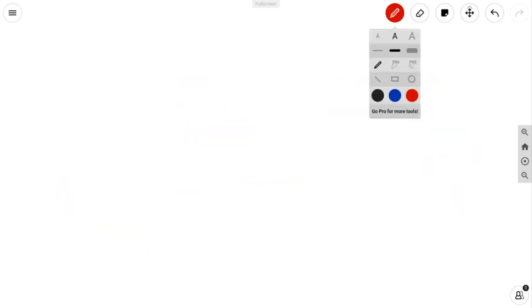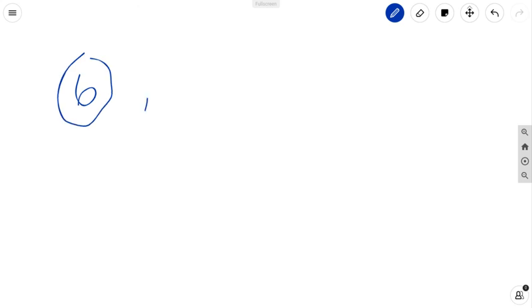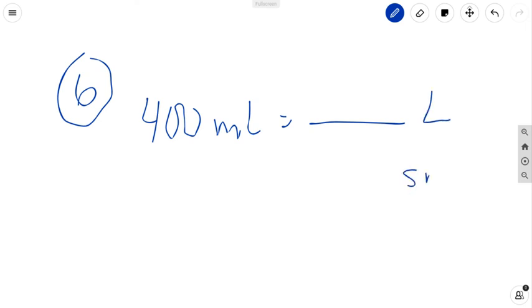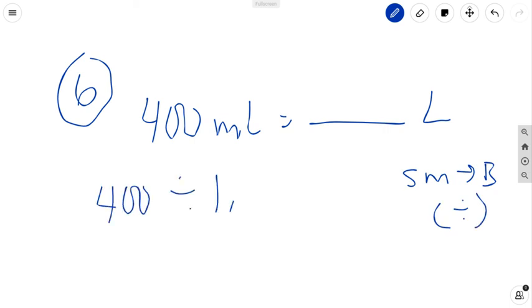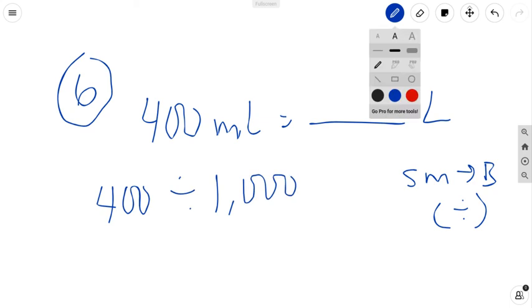All right, let's try one more. 400 milliliters equals how many liters? Going from small to big, which means we're going to divide. So we're going to divide 400 by 1,000. All right, now again, even though we don't always write it, the decimal in the whole number is after it.